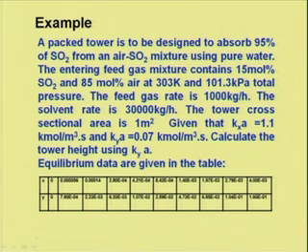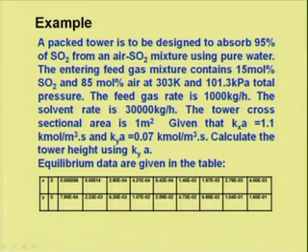Now, let us consider an example. A packed tower is to be designed to absorb 95% of sulfur dioxide from an air SO2 mixture using pure water, and the entering feed gas mixture contains 15 mole percent sulfur dioxide and 85 mole percent air at 303 Kelvin and 101.3 kilopascal total pressure.